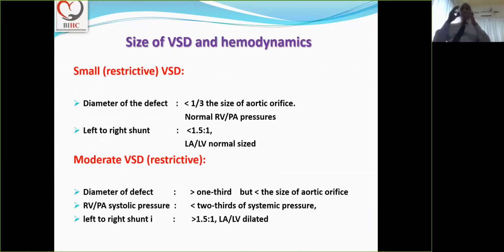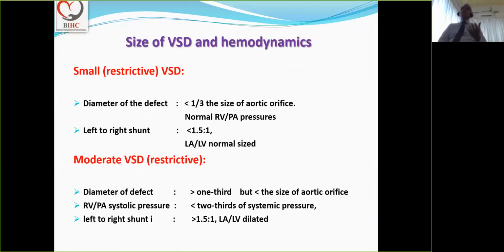Now, let us crystallize some of these comments. When you say that a VSD is small or restrictive, the diameter of the defect is less than a third the size of the aortic orifice. RV and PA pressures will be normal. Left to right shunt, we measure in terms of the pulmonary blood flow as against the systemic blood flow.